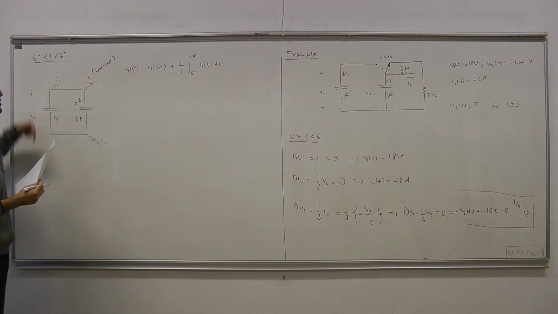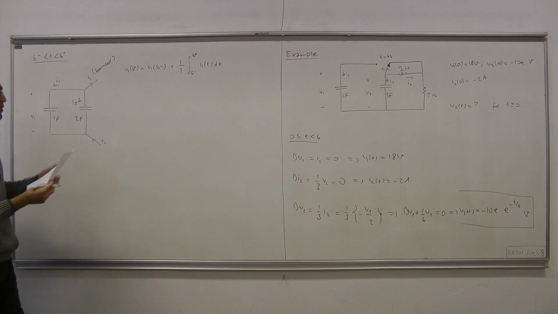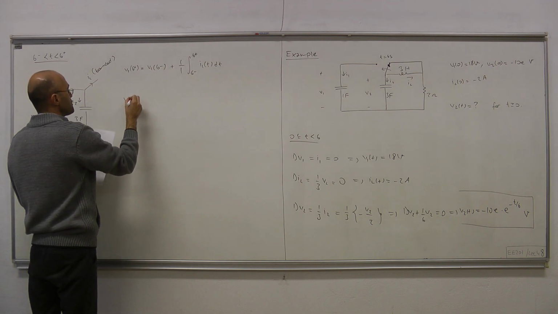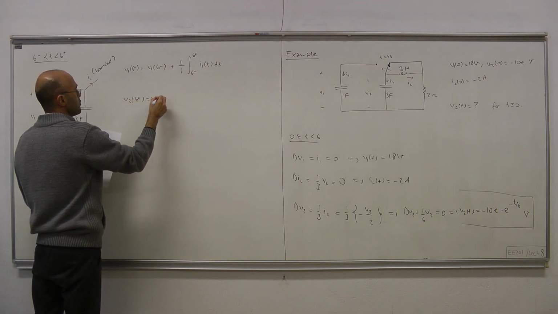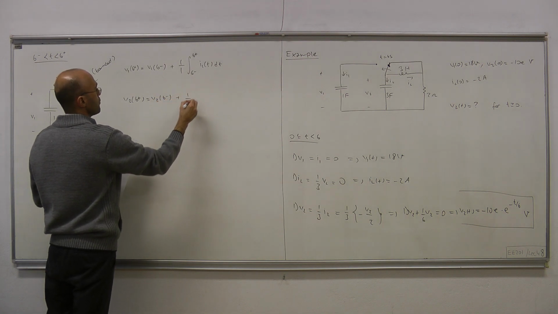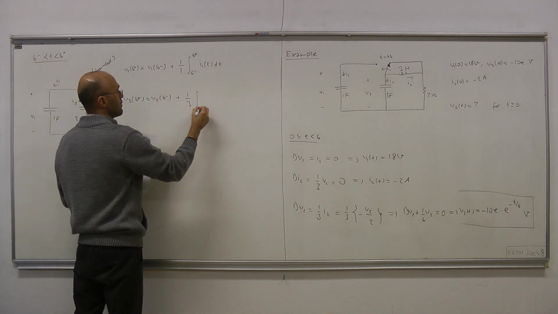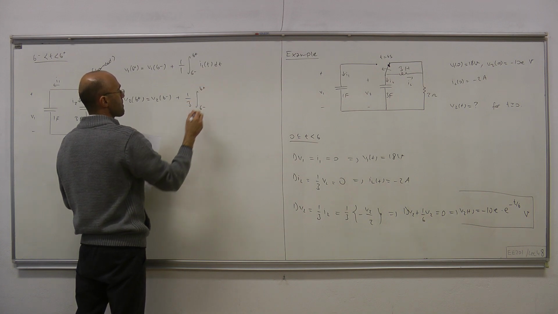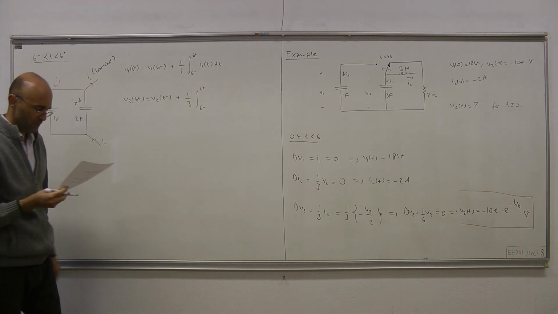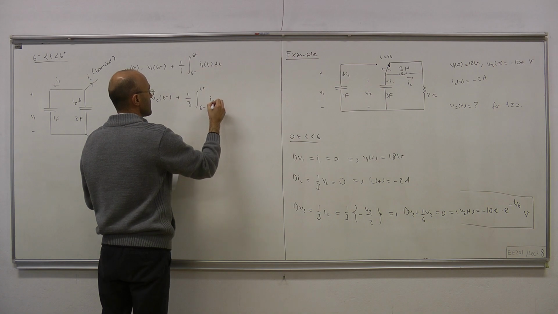I1 is the first capacitor's current. Okay. Then let's do the same thing for the second capacitor: V2(6-) plus 1 over the capacitance, 3, integral from 6 minus to 6 plus of I2(t) dt.